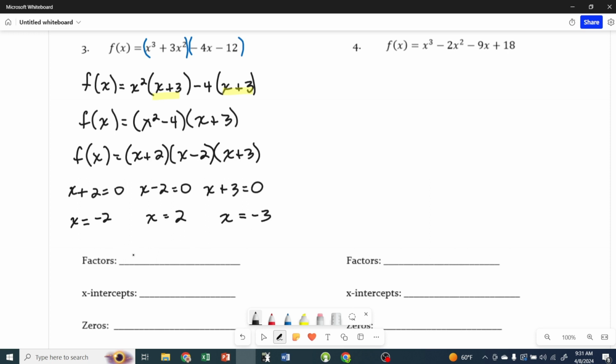So my factors are x plus 2, x minus 2, x plus 3. Our x-intercepts are -2, 2, -3. And the zeros, there's 3 zeros, right: x equal to 2, -2, and -3.